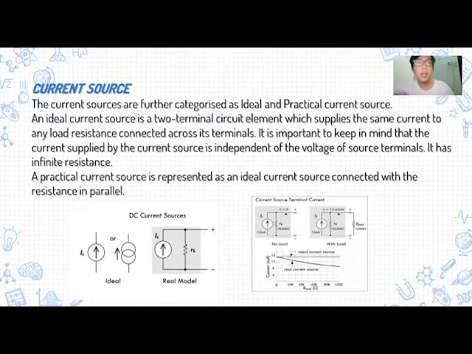And there are two types. An independent current source delivers constant current, and a dependent current source delivers current proportional to some other voltage or current in the circuit.